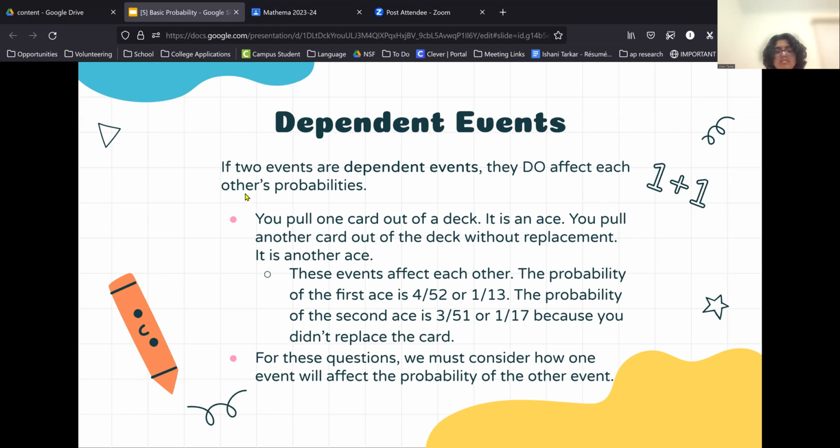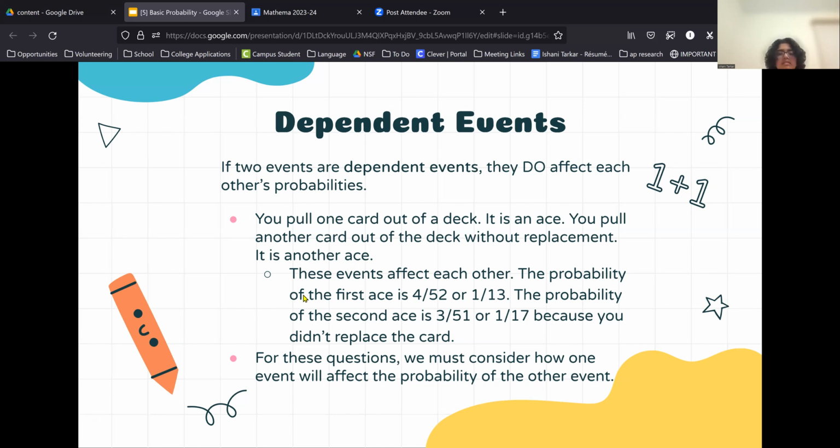And I pulled out one of them and I did not replace it. Then I had to pick out another one. That would mean both events impact each other since we changed what we originally had, right? So what we choose in the first event changes what the possibilities are for the second event.